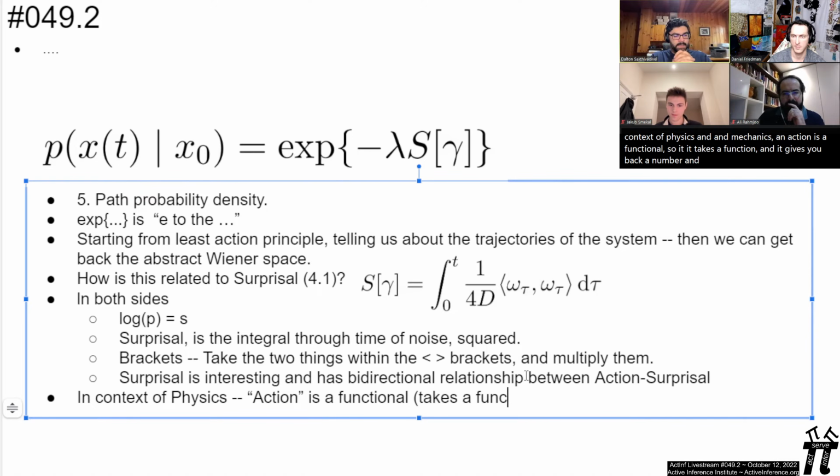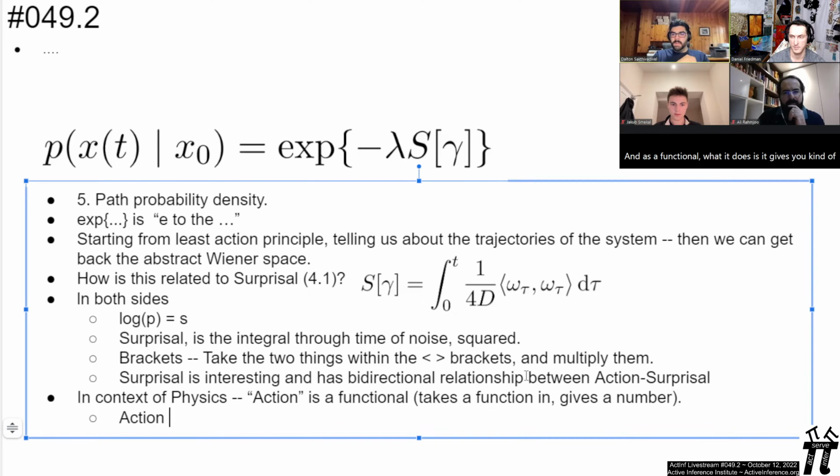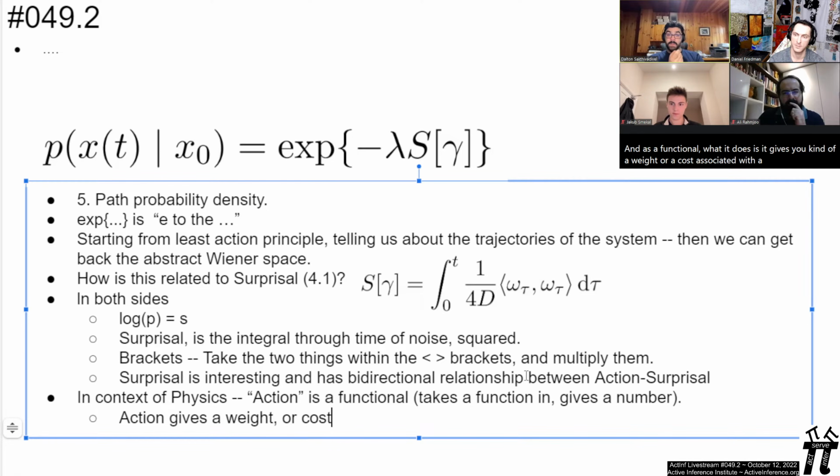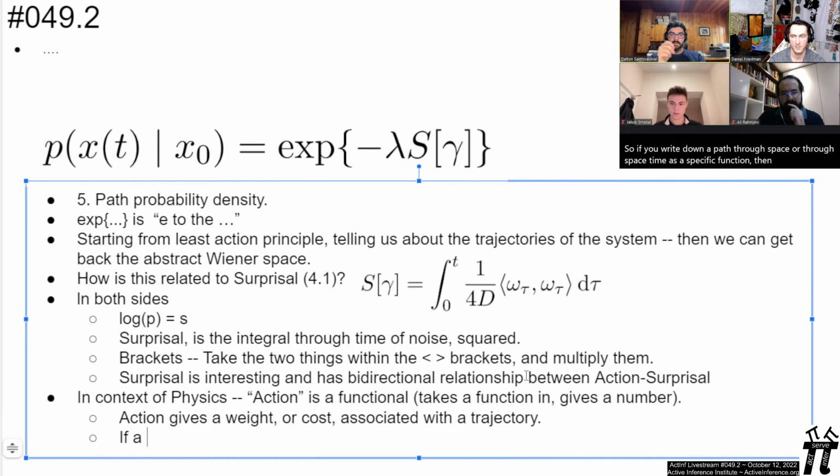And as a functional, what it does is it gives you a kind of a weight or a cost associated with a trajectory. So if you write down a path through space or through space-time as a specific function, then the action takes that function and gives you back the cost of taking that path.